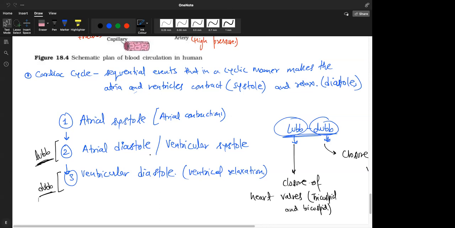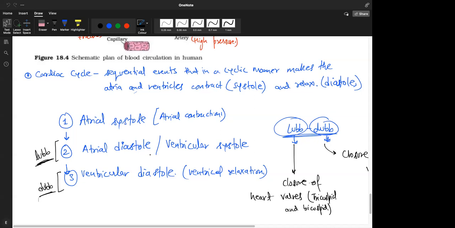Yes. But one more thing, cardiac output will be changing, right? It would differ, right? Yes, cardiac output is the total output by the heart, the volume of blood pumped by each ventricle per minute.